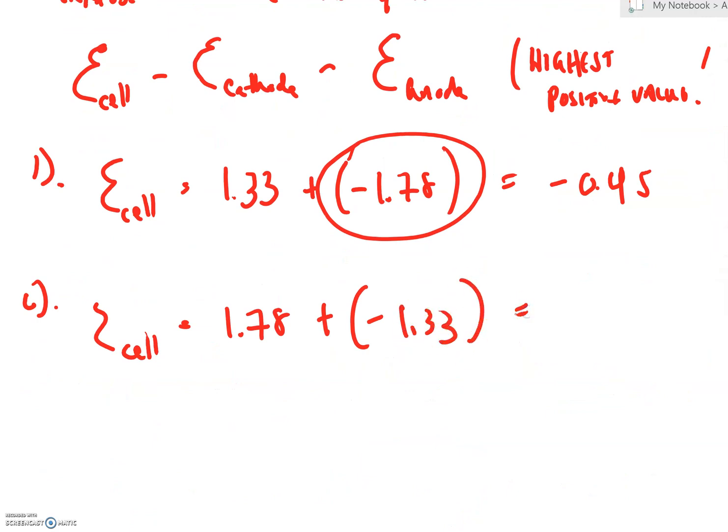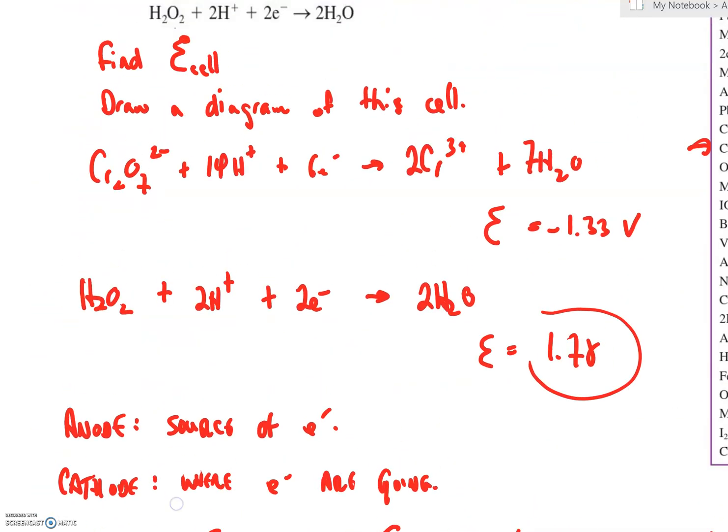And you don't really even need a calculator if you've already done the first one, because you're going to get a very similar answer, but let's do it just because. 1.78 plus negative 1.33, and we get 0.45. So we want the most positive value, and that's going to be this guy. That means this is going to be our anode. So let's make this the anode and this the cathode. So we're going to run this reaction backwards.